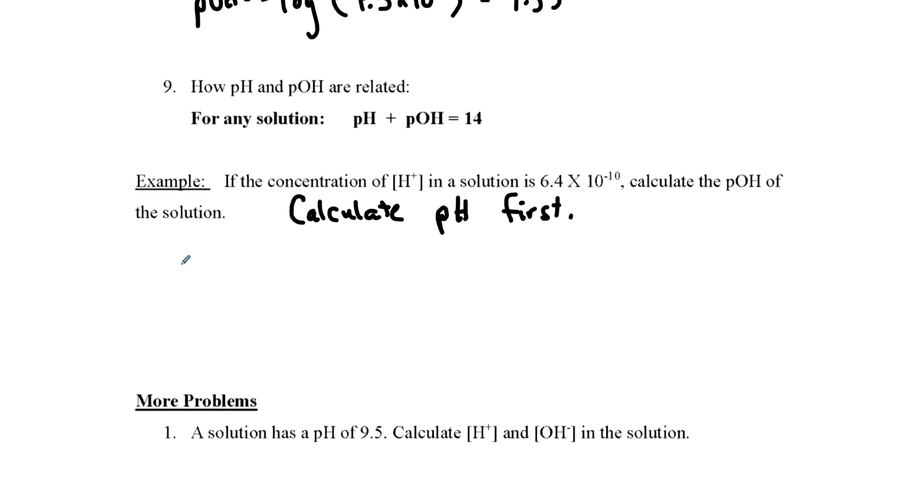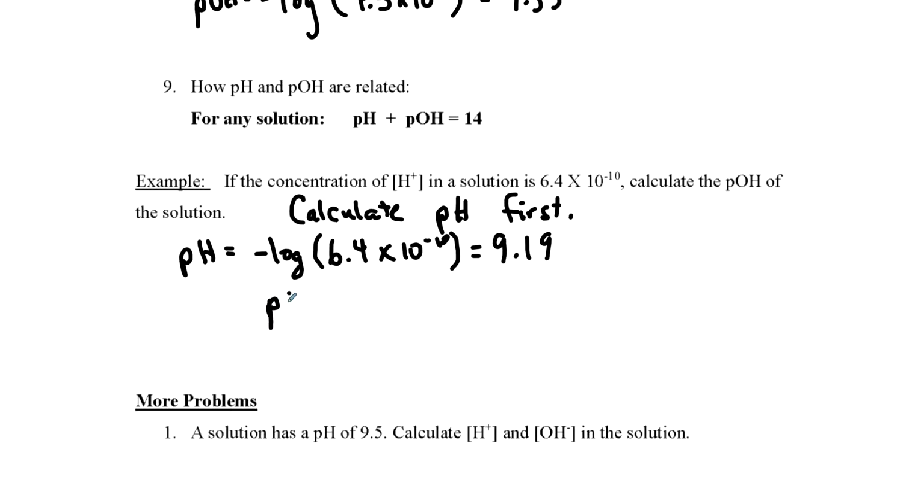So what we'll do is we'll take pH equals the negative log of the hydrogen ion concentration, 6.4 times 10 to the negative 10. And that equals 9.19. Okay, so that's the pH. We want the pOH.